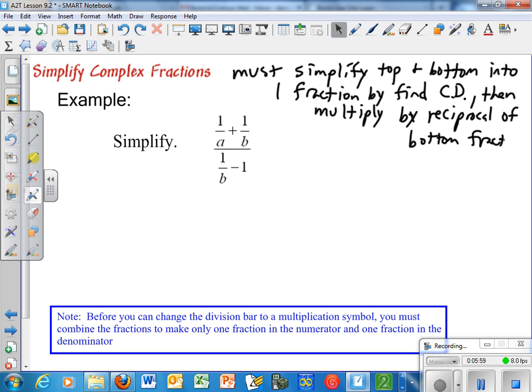Remember, when we have a fraction divided by a fraction, we looked at that a little earlier. Want to multiply by the reciprocal.